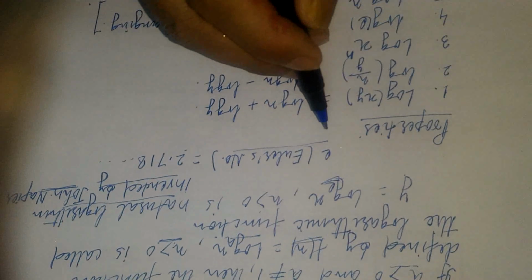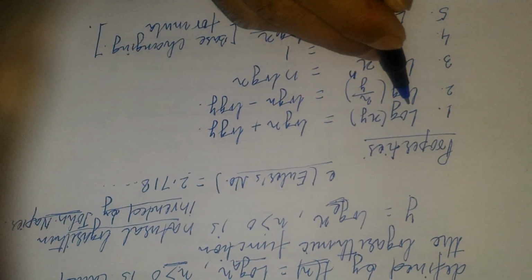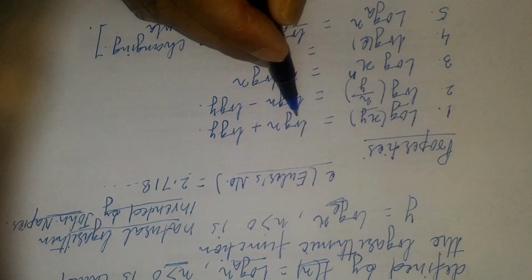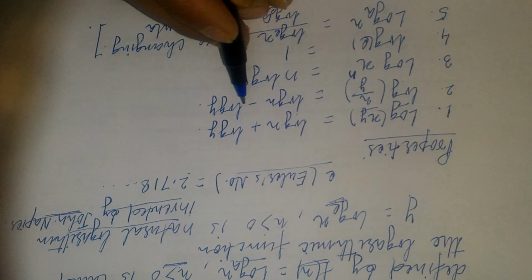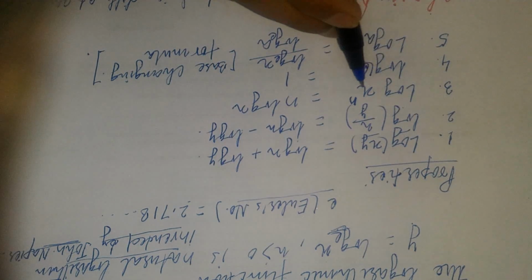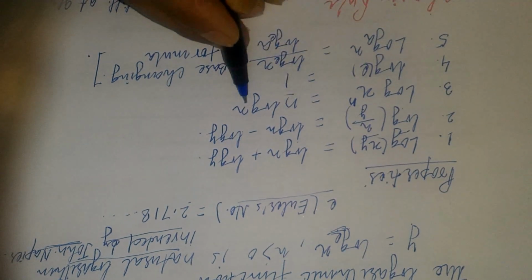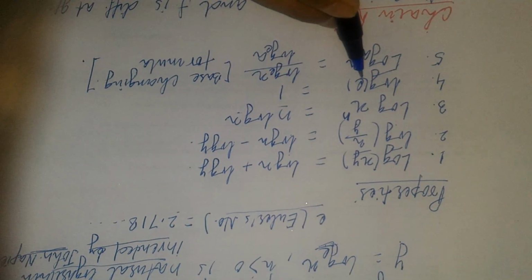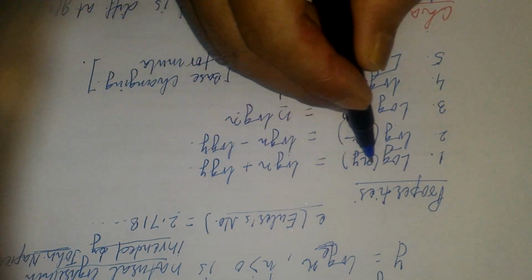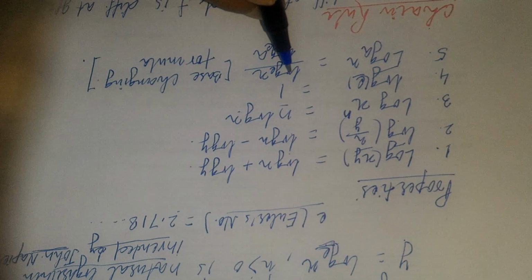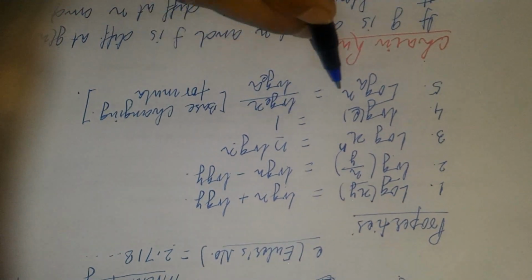A few properties of the log function. Log of xy is log x plus log y. Log of x by y is log x minus log y, and log x to the power n is n log x, and log of e to the base e. Here, for all these we have considered the base as e only.